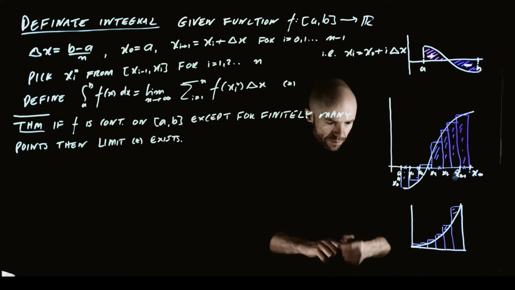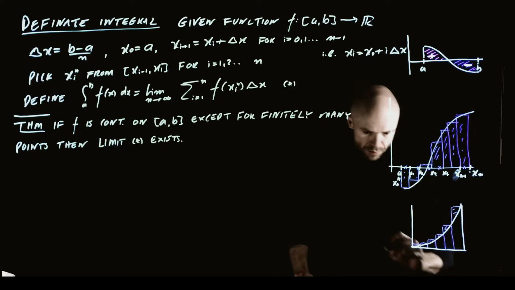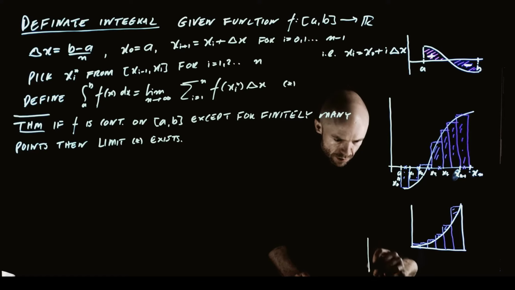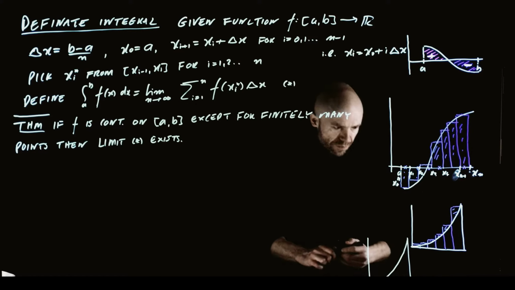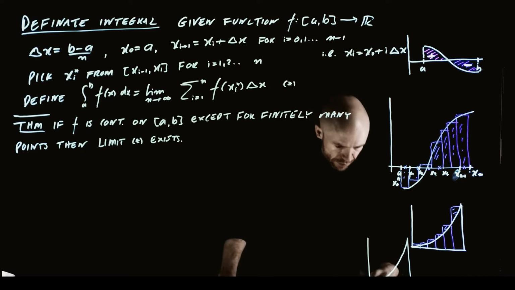And when we did it from the left, with the left endpoint approximation, then it was an undercount, right?